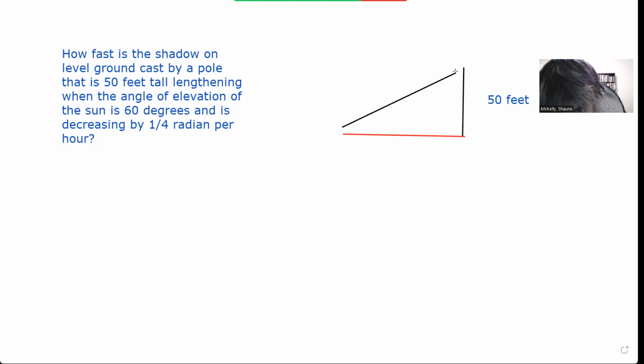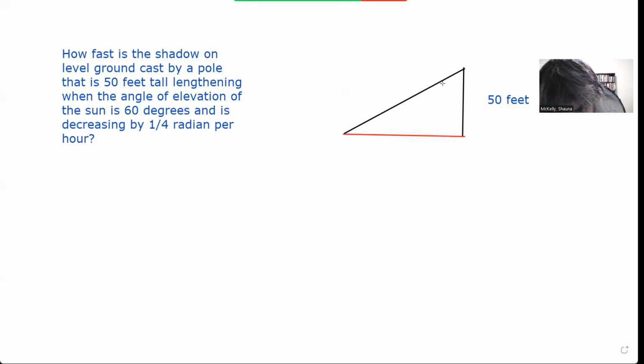So I've got something like this, where the sun is casting a shadow because it's hitting the pole, right? So something like this, okay?